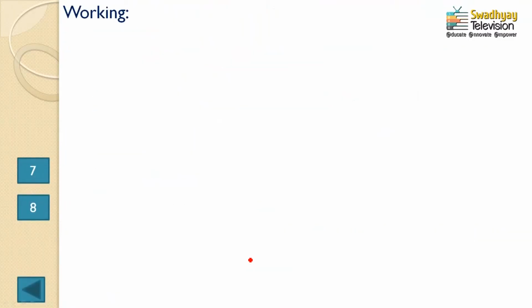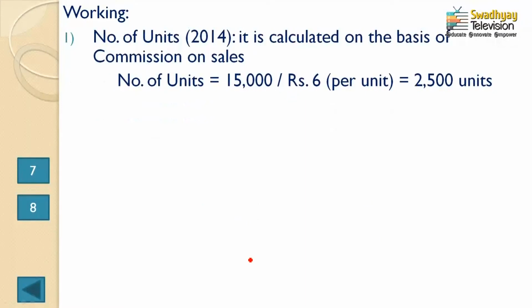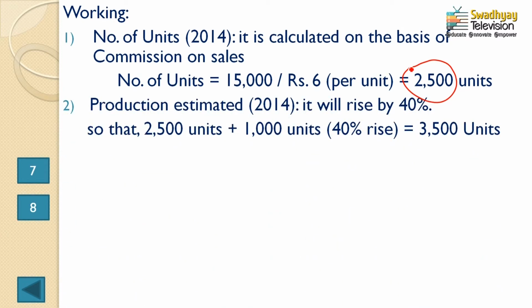So now, with the commission on sales of 15,000 rupees at 6 rupees per unit, we can identify the number of units manufactured in the year 2013. So 15,000 divided by 6 is calculated as 2,500 units. So 2,500 units were manufactured in 2013. We need to work out how much percent it will increase in 2014.